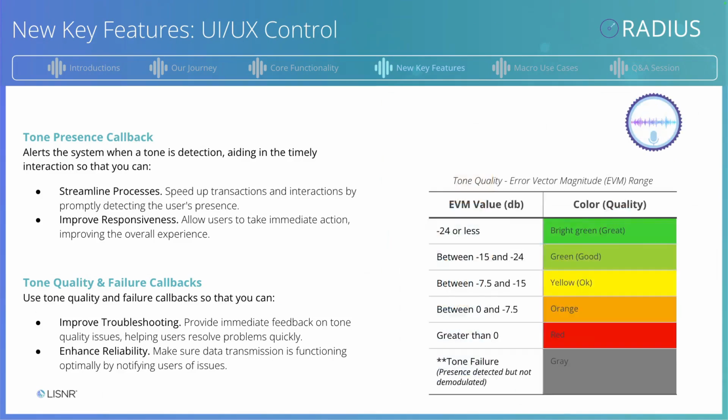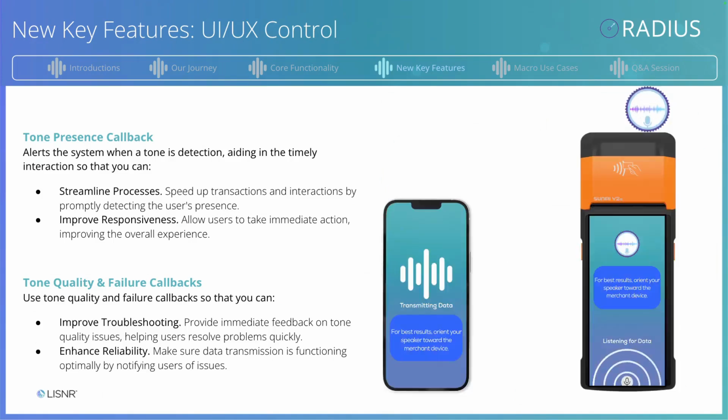Staying on the theme of UI UX, the tone quality and failure callback indicators are new features that can be used in an application to let end users know how difficult it was to receive a tone, or how to improve physical positioning if a tone fails to be received. The Radius SDK provides this feedback in the form of signal to noise ratio and error vector magnitude values.